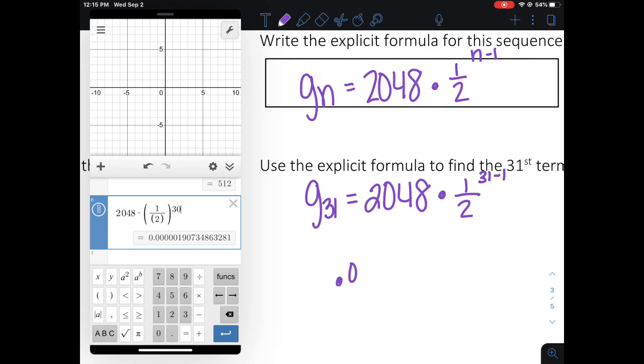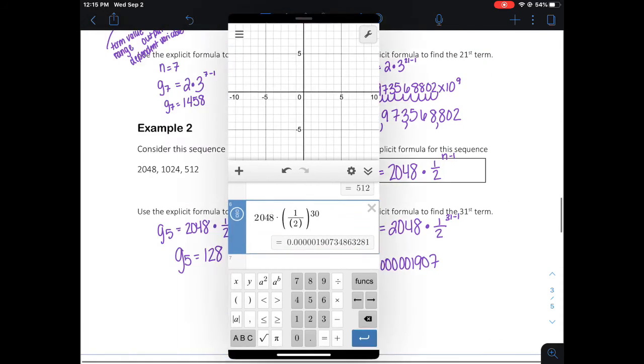Let's see, 1, 2, 3, 4, 5 zeros, 3, 4, 5, 1907. I didn't tell you how to round, so I just tack on a couple decimal places there, and I'm good to go. So a very, very tiny number is what we have.